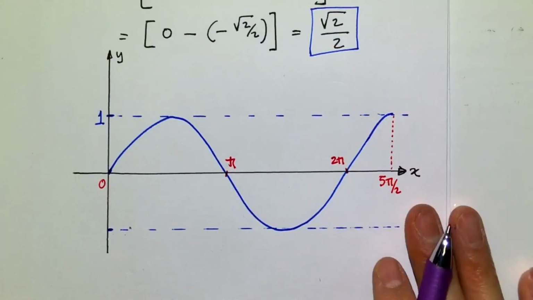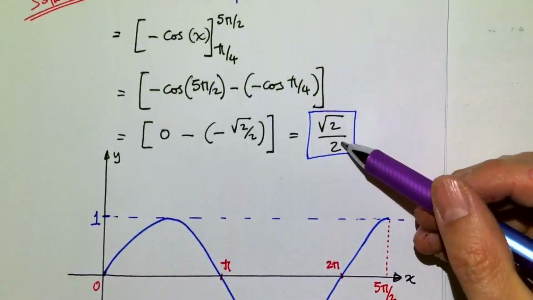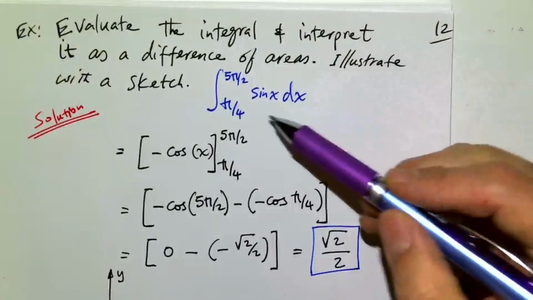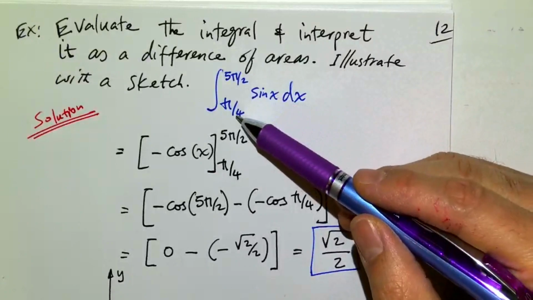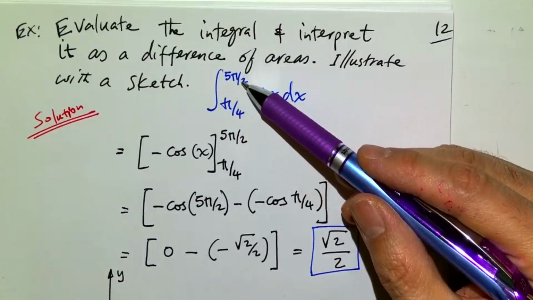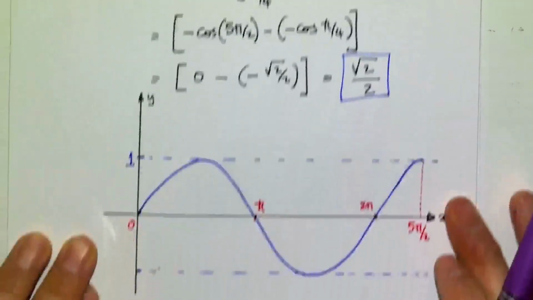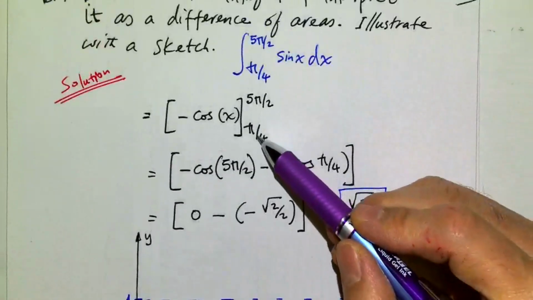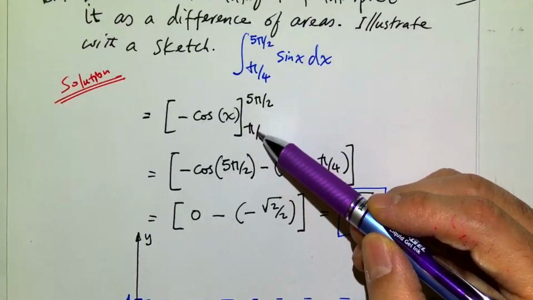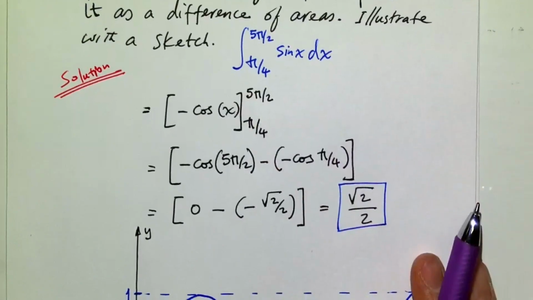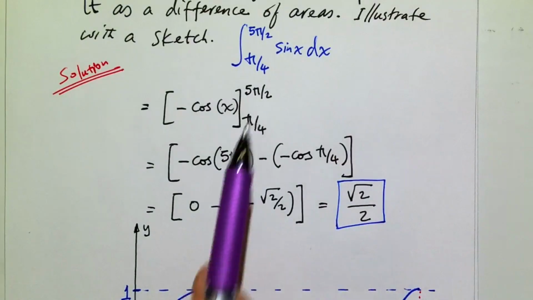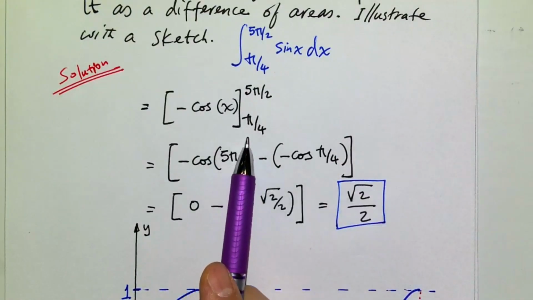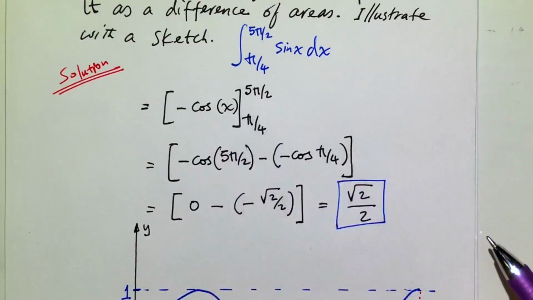Okay? So this quantity, square root of 2 over 2, which is the integral of the sine x function from pi over 4 to 5 pi over 2, is this region. So where is pi over 4? This integral finds the net area between the sine curve and the x-axis, from pi over 4 to 5 pi over 2.